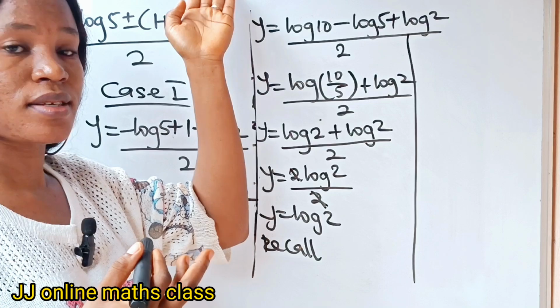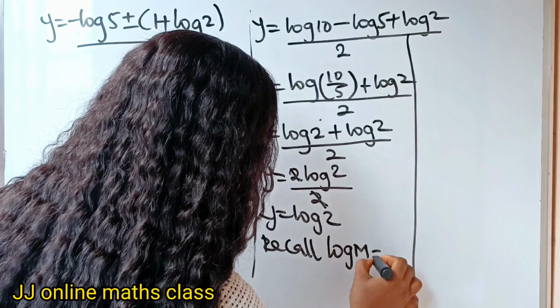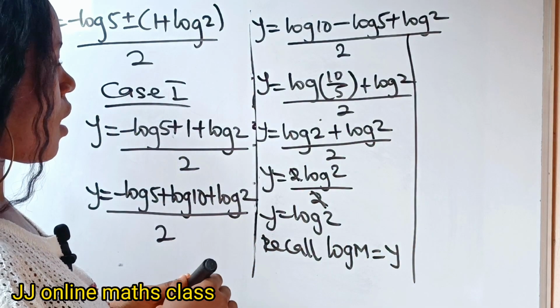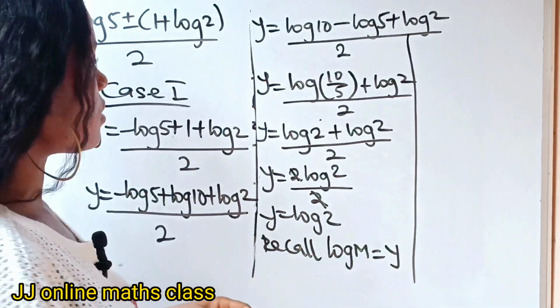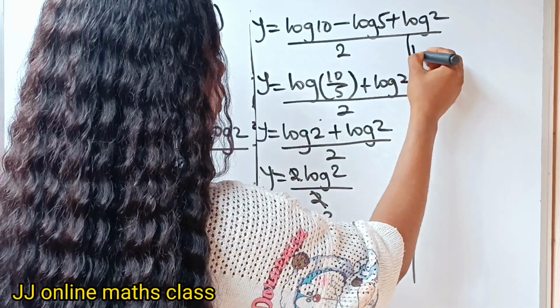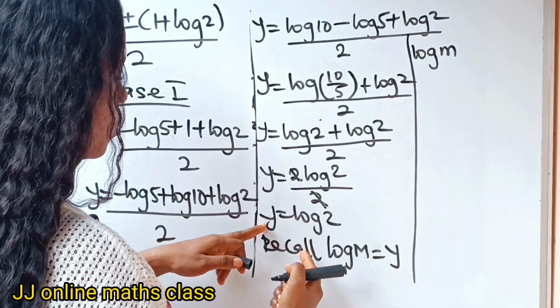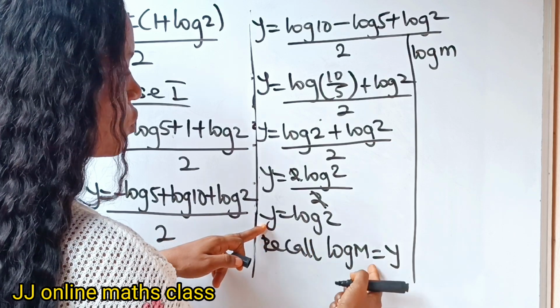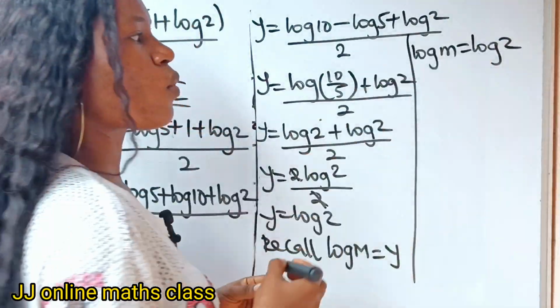I told you we are going to write it down somewhere. So anywhere I see y, I can replace it with log m. So log m is equal to log 2.